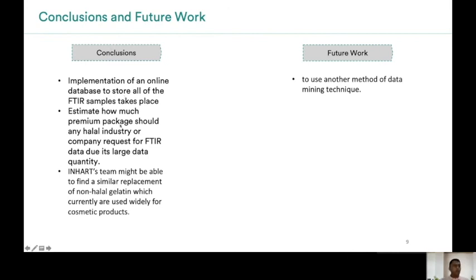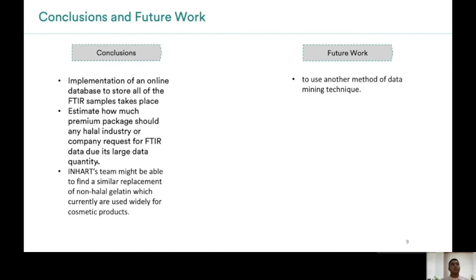And secondly, the in-house teams can estimate how much premium package any halal agency or company should be charged for FTIR data, due to its large data quantity. In one sample set, the spectrum results would have around 6,000 rows of data.